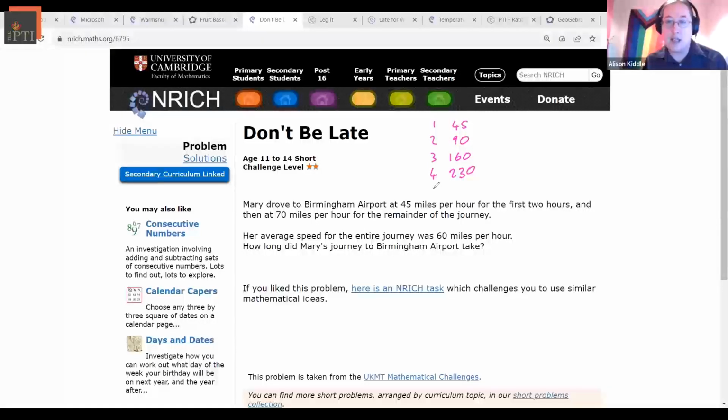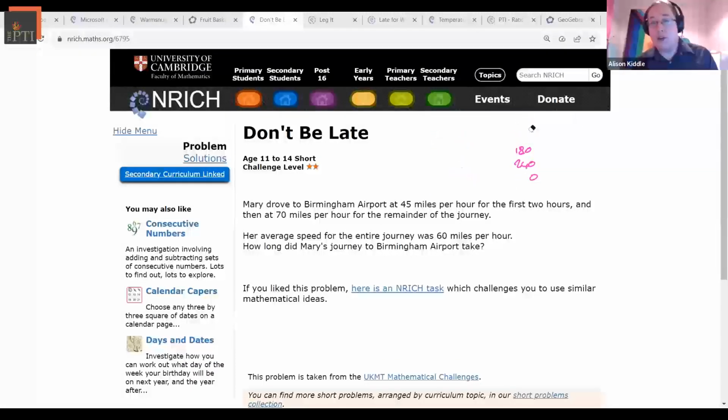So this is the sort of trial and improvement strategy that we've seen before. And then perhaps they'll spot that after 5 hours, 300 divided by 5 is 60. So I would be going 60, 120, 180, 240, 300 if I'd gone at a constant speed of 60 throughout. And so I can see that 5 hours is the point where they match.